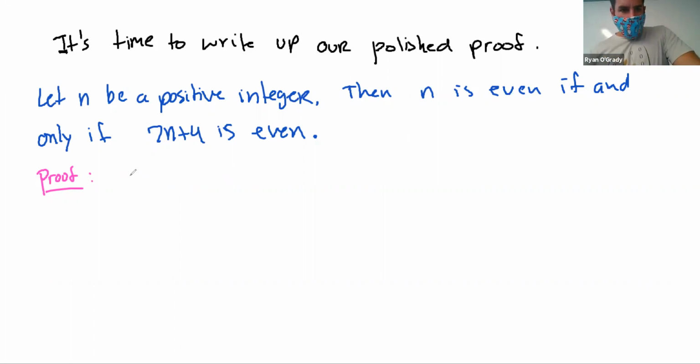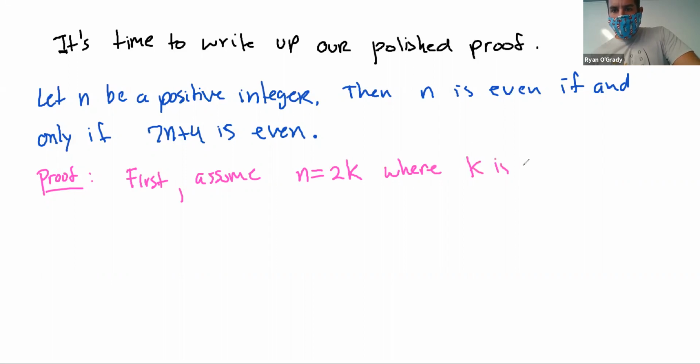So first, assume that n equals 2k, where k is a positive integer. Now, why am I saying that?